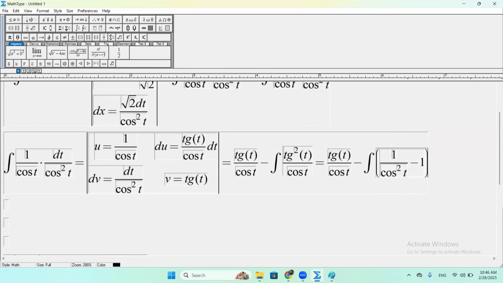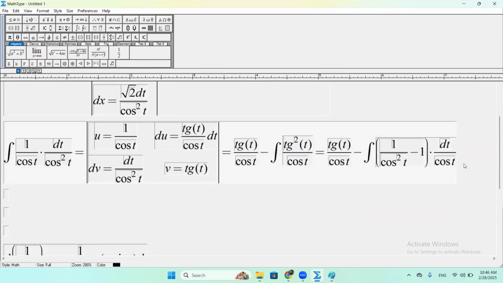Minus 1, and divide and multiply it by 1 over cosine t. Okay, let's write dt here. Then we will expand the brackets and receive interesting integrals.